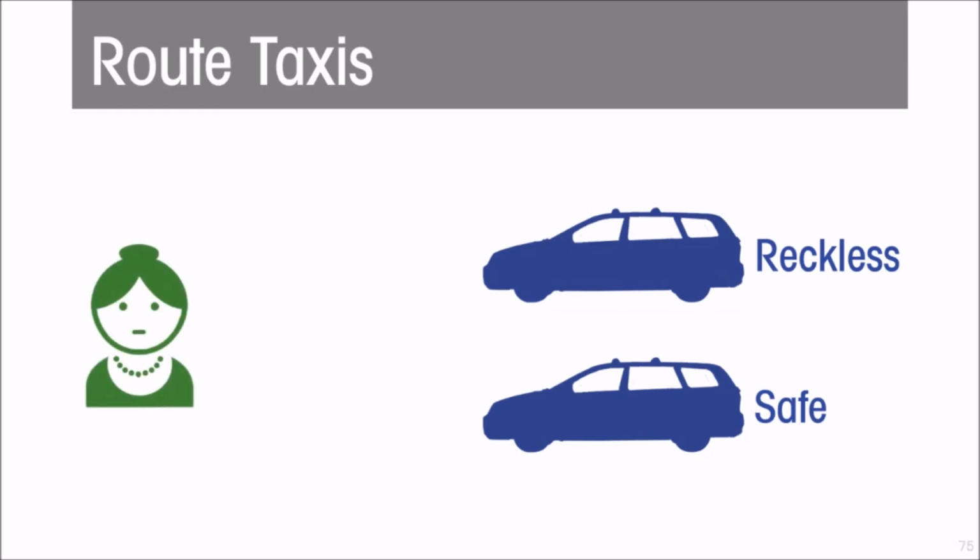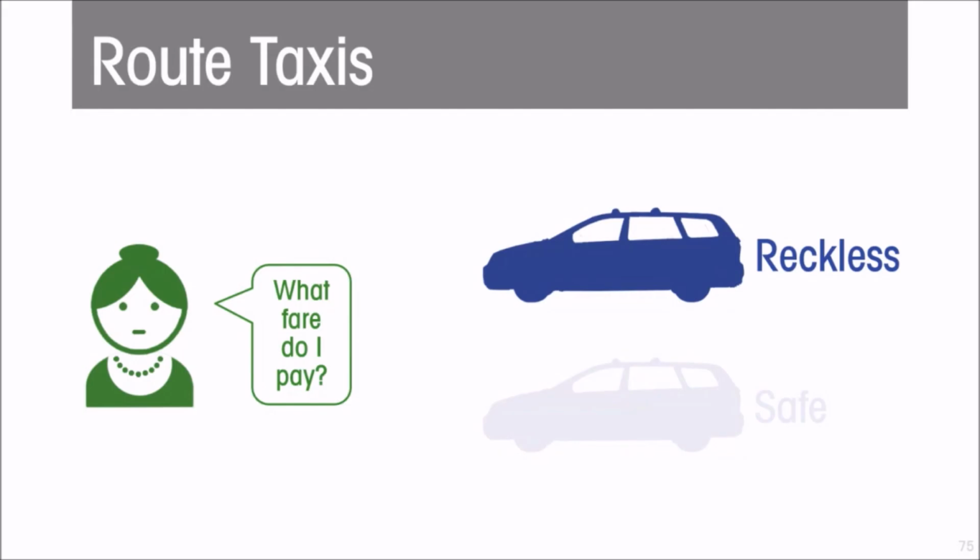But the commuter cannot look at the two cars approaching the bus stop and know the underlying value. She doesn't know what fare to offer. And so she takes the expected value route, which ends up being a willingness to pay that is not profitable for the safe driver.